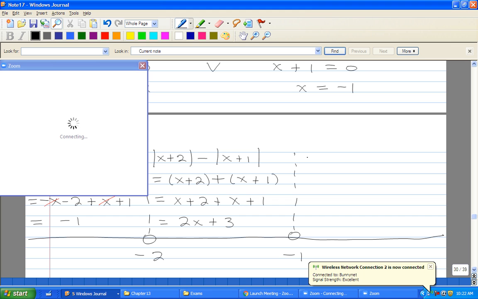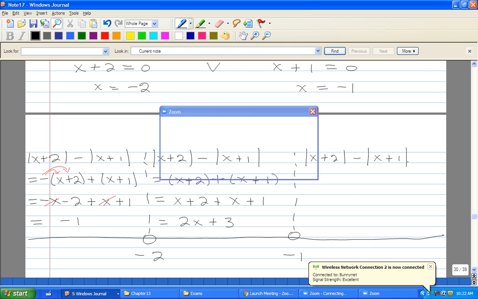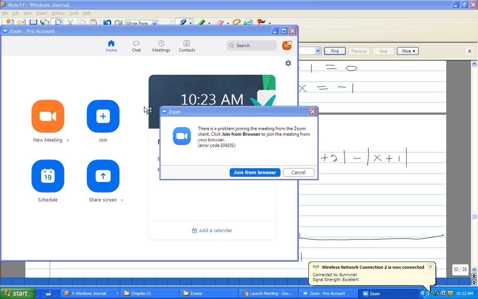And lastly, let me look at this difference of these absolute values in this region. And so, yeah, whatever.